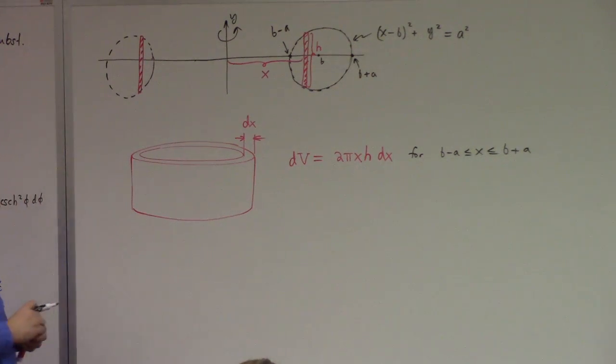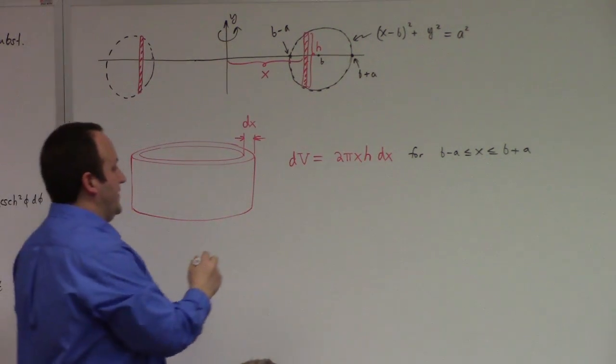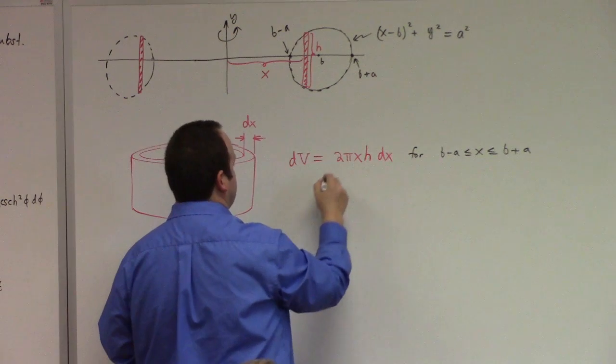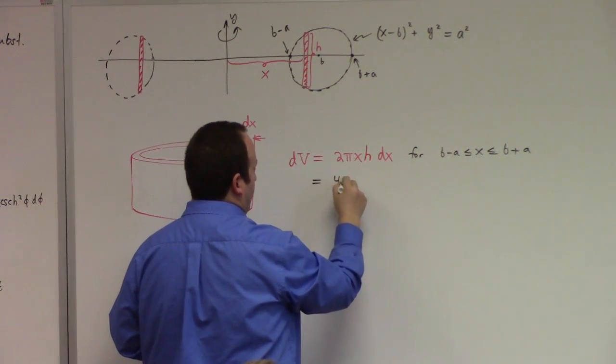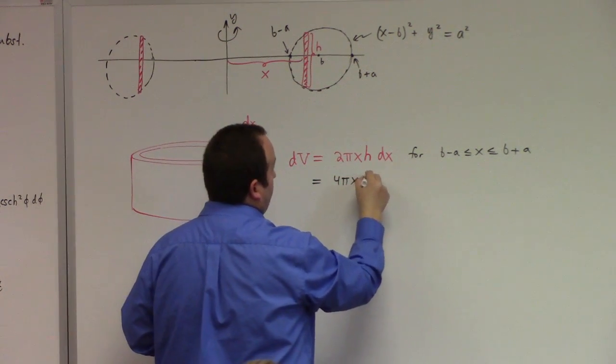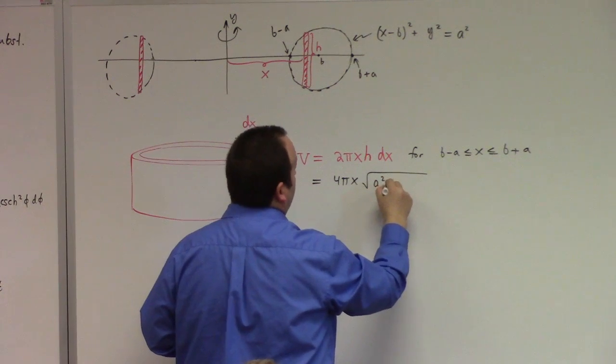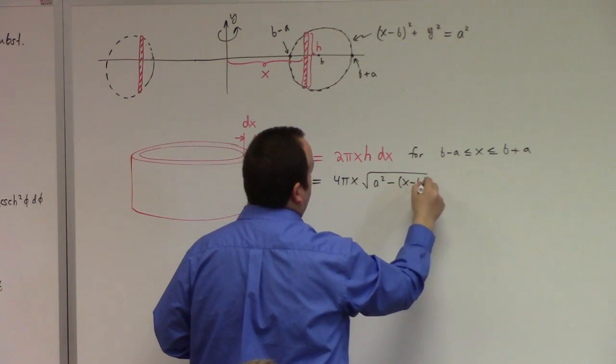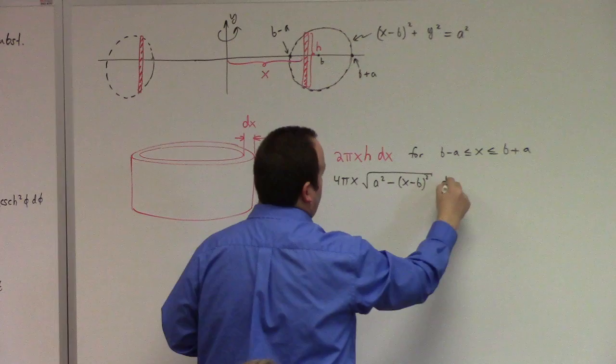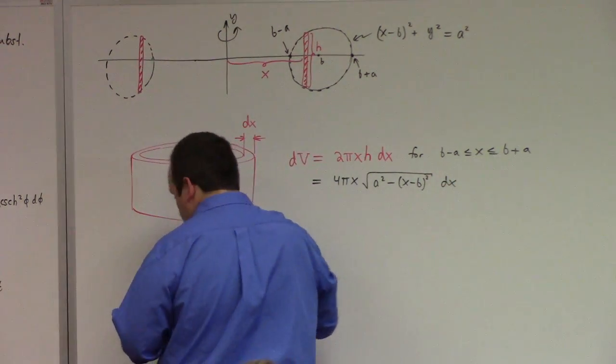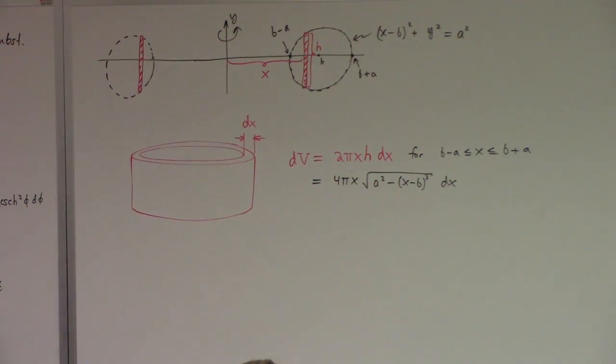What is h? Right, h is equal to 2y. So that's actually 4 pi x times the square root of a squared minus x minus b quantity squared dx. Because y is twice the height, it's twice the y coordinate there.